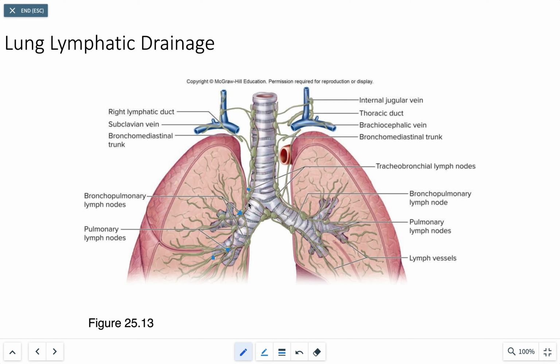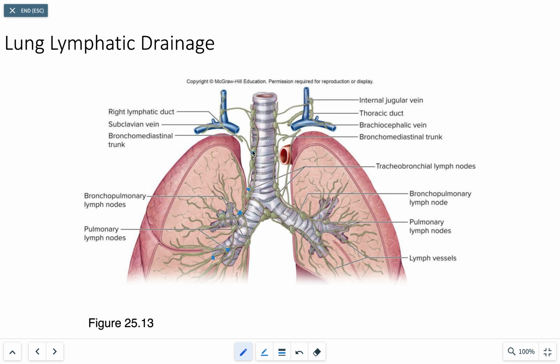Same thing, anything coming in is going to be afferent, and as it leaves, it's going to be efferent. So we have a series of checks. We have 3 lymph nodes that are going to be trying to trap any pathogen or antigen before eventually we drop the lymph back into general circulation. The next one we see is going to be the largest. It's going to be the bronchomediastinal trunks.